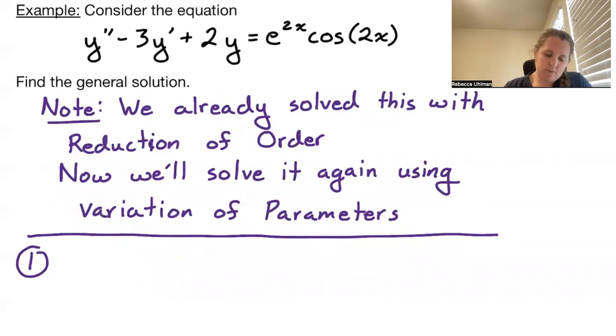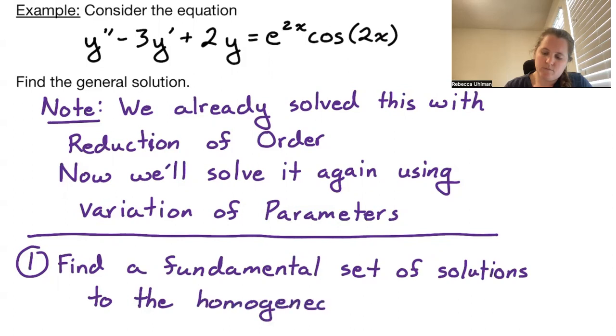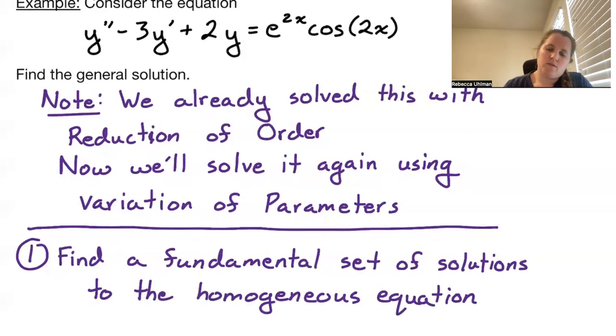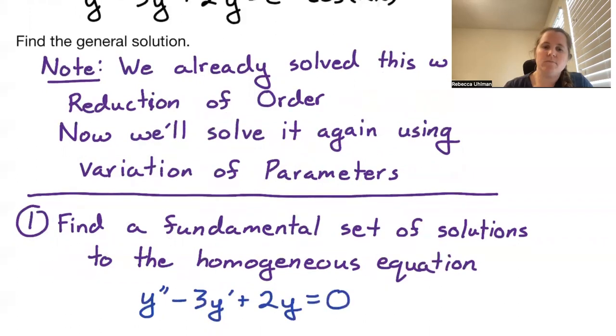So the first step is to find a fundamental set of solutions to the homogeneous equation, y'' - 3y' + 2y = 0.